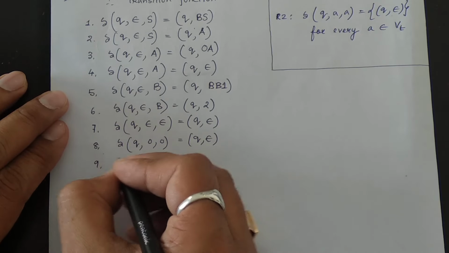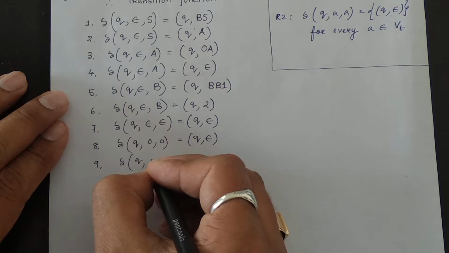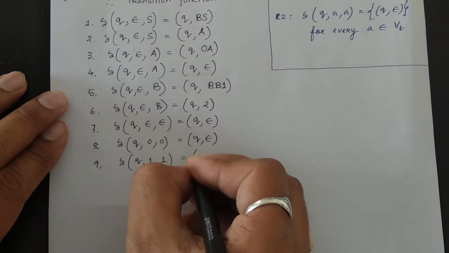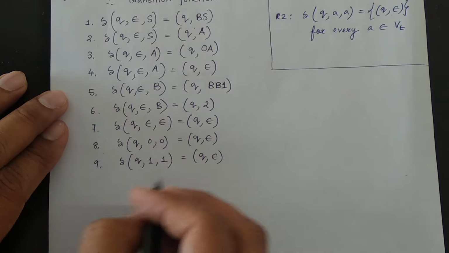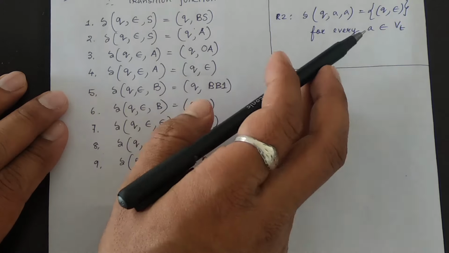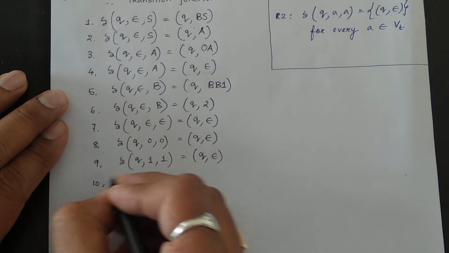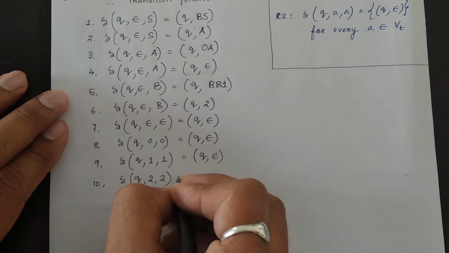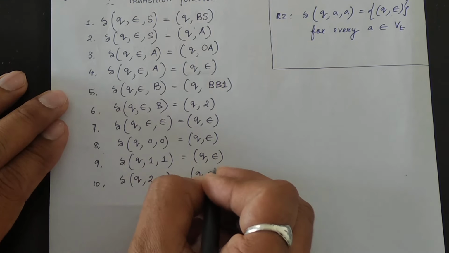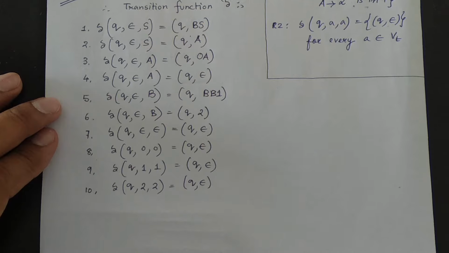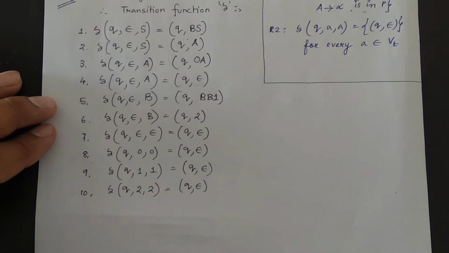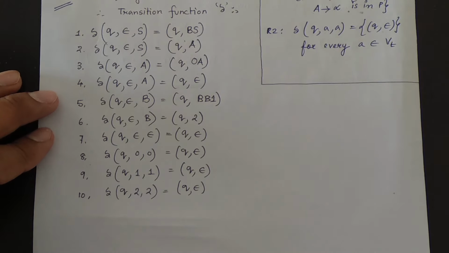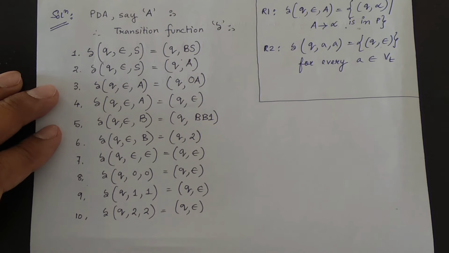Number 9, delta, Q, 1, 1, then Q, epsilon. Why? I'm just following this rule. Number 10, delta, Q, then 2, 2, Q, epsilon. So I have completed all the transition steps based on these 2 rules. Clear?